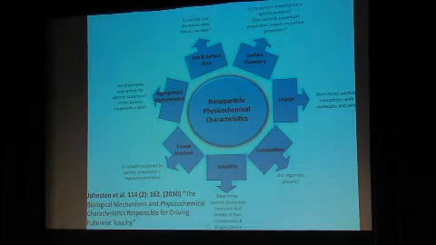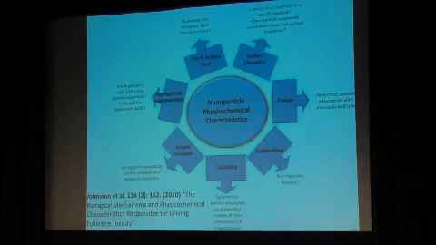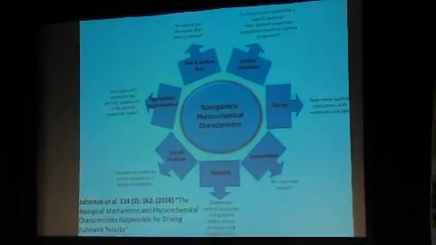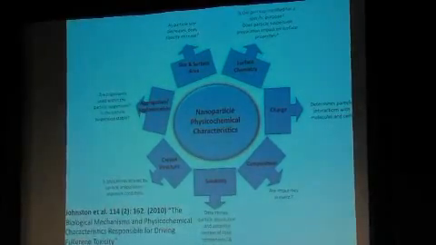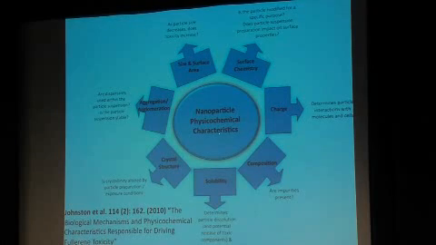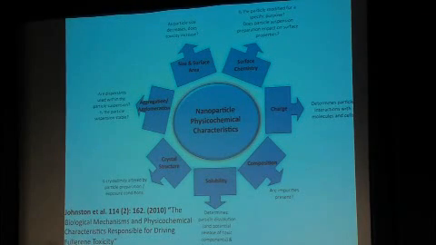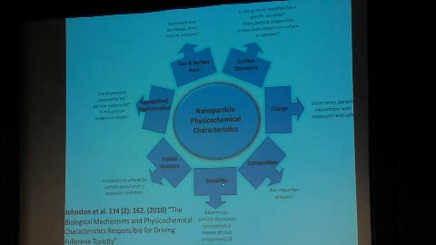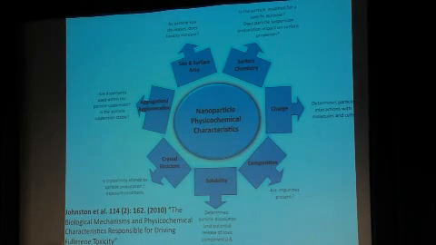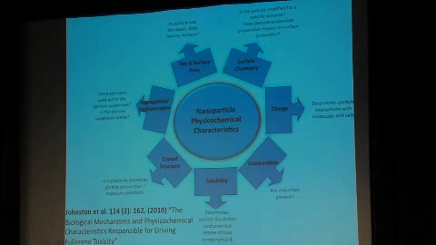Okay, so when we're dealing with nanoparticles, these are some of the characteristics that ought to be considered. You have a nanoparticle, and then you have to consider a whole host of properties. The solubility of the nanoparticle is going to determine whether it dissolves. If you have cadmium selenide nanoparticles, you want to know, is that going to dissolve and release cadmium into the environment?